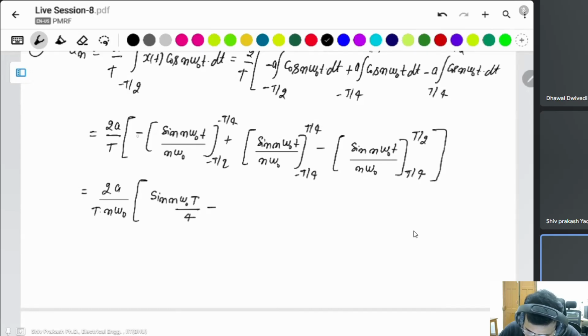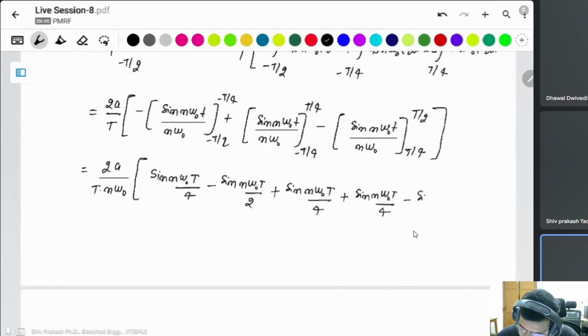Again minus, this will be equal to plus, then this will be minus minus cos, sin minus theta will be minus sin theta, minus plus will be minus sin n omega naught T by 2, plus here sin of n omega naught T by 4, minus minus will be plus sin of n omega naught T by 4, minus of sin n omega naught T by 2, minus minus will be plus sin of n omega naught T by 4.